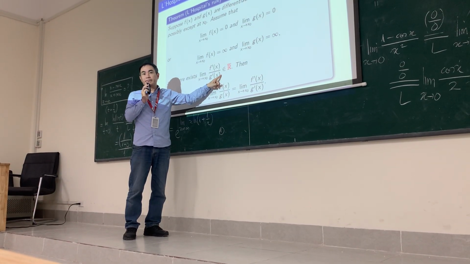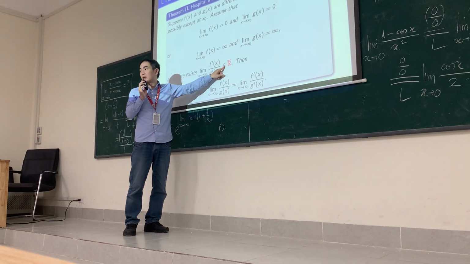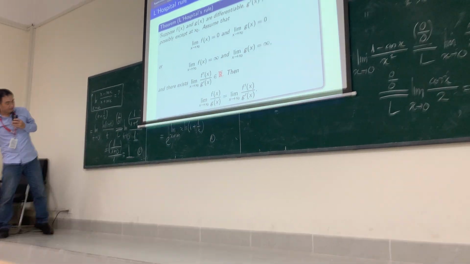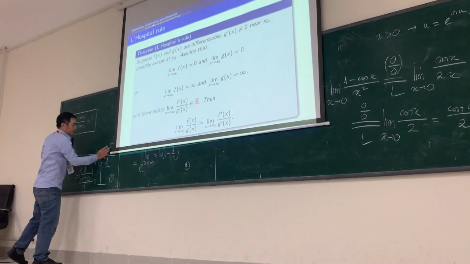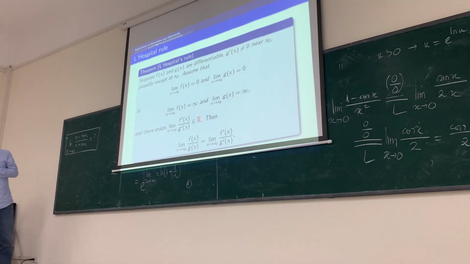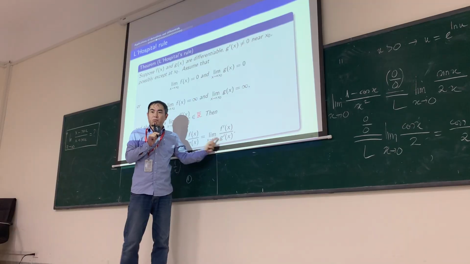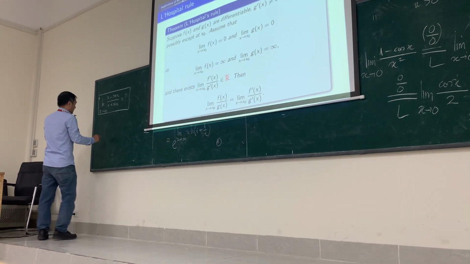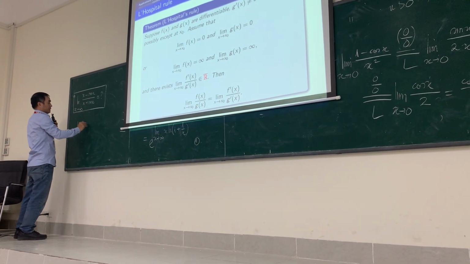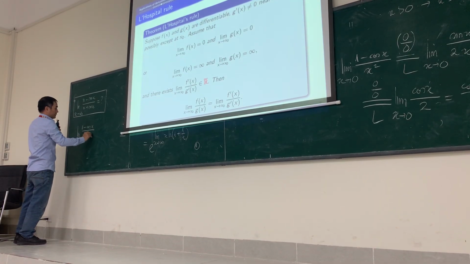Unfortunately, we cannot apply L'Hôpital's rule in this step, because the condition is not satisfied. Now, you check the limit of f prime over g prime: 1 minus cosine x over 1 plus cosine x.